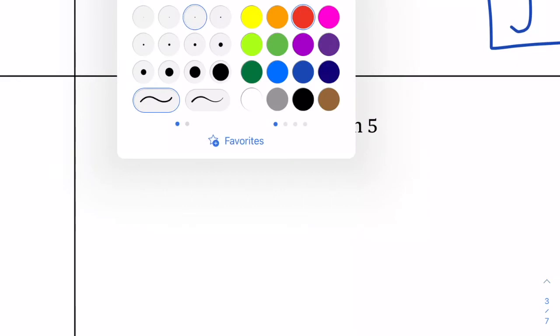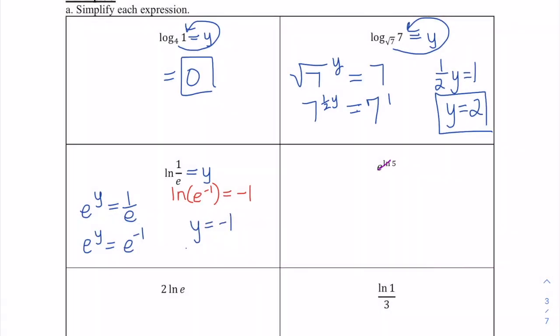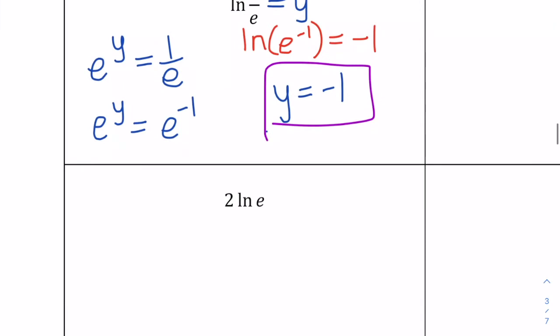So over here we have e raised to the natural log of 5. So we know that these operations are going to cancel each other out, and we'll be left with 5. Just as over here, we have natural log of e squared, that's going to cancel each other out, and we'll be left with 2 times 1, or just 2.